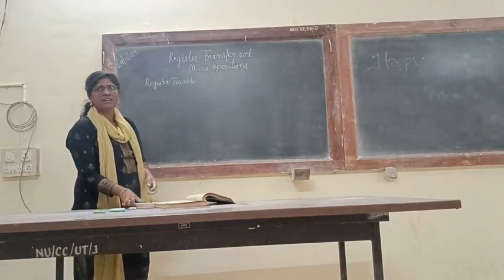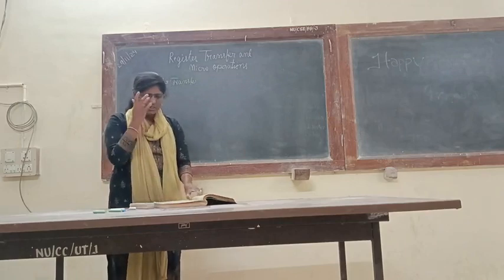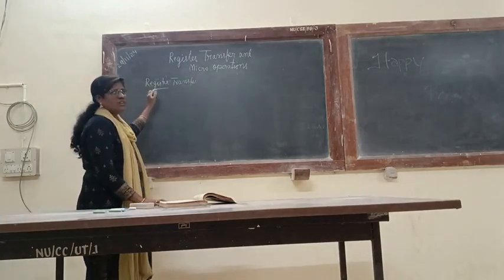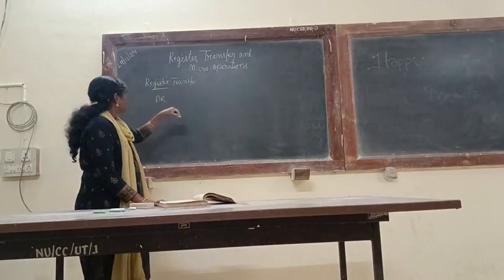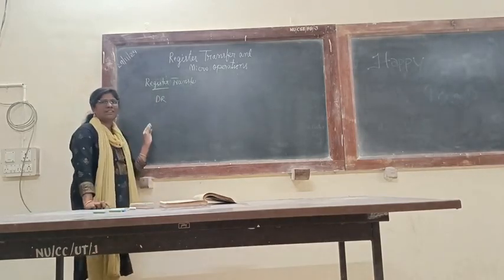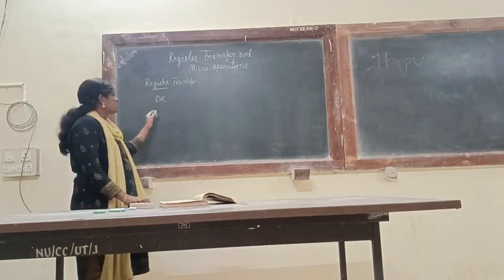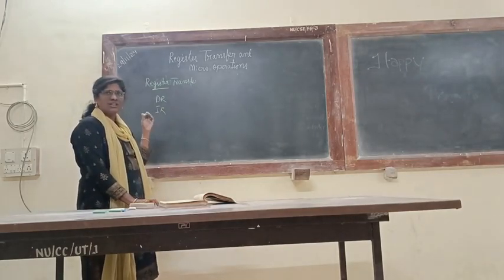Register transfer. In the computer we have different registers for different purposes. Suppose we have a register called DR, the data register. It stores only data. Similarly, suppose we have a register called IR, the instruction register.